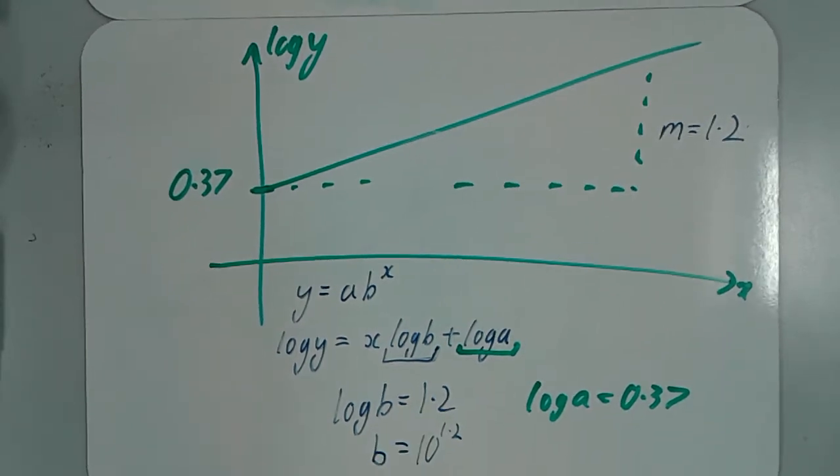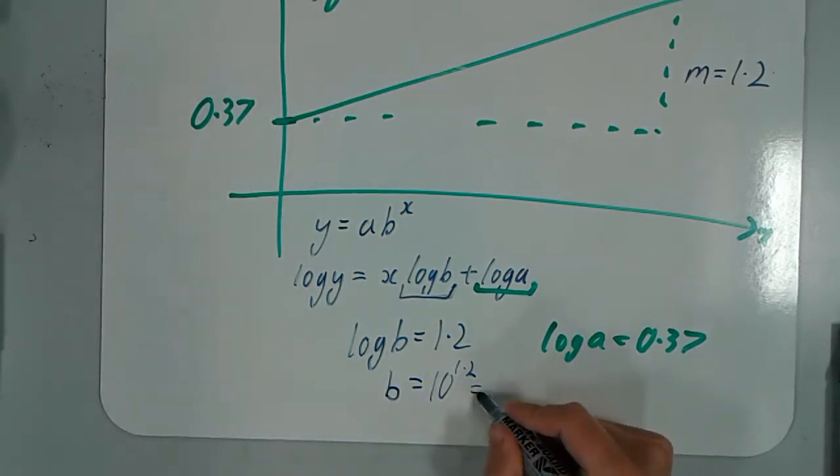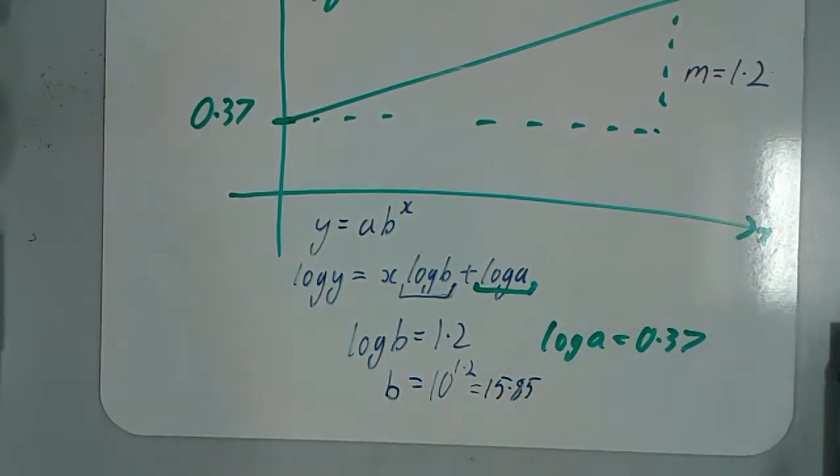Remember, if we can't see a log base, we assume it means log base 10. I'm just going to put that in my calculator. 10 to the power of 1.2 gives me 15.85.